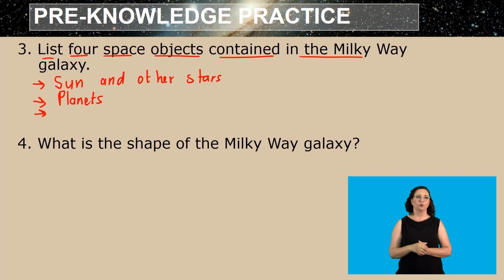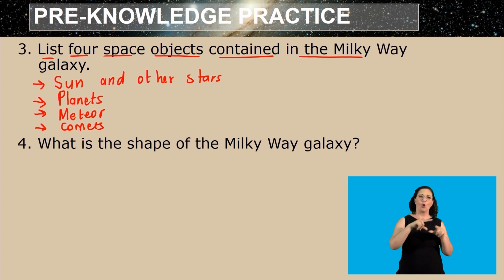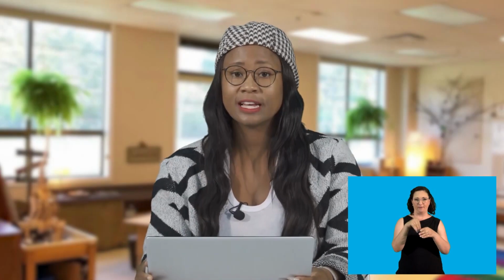As they enter the earth's atmosphere, they form what we call the shooting star, if you still remember. So we also have the meteor as an object, and lastly, we also have the comets. These are all the objects that we find around our Milky Way galaxy. Even the moon is found in the Milky Way galaxy.